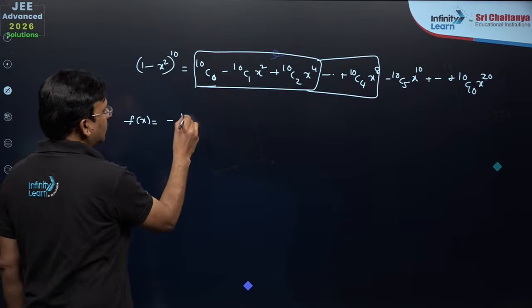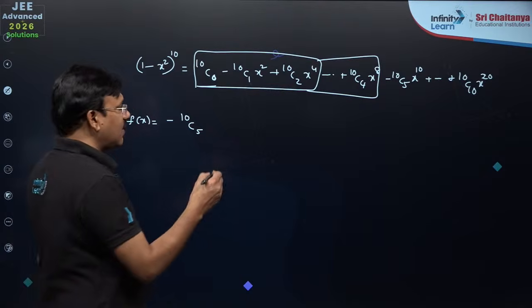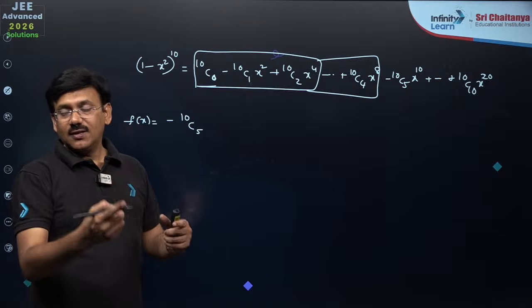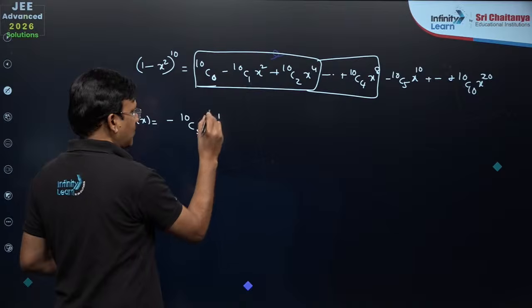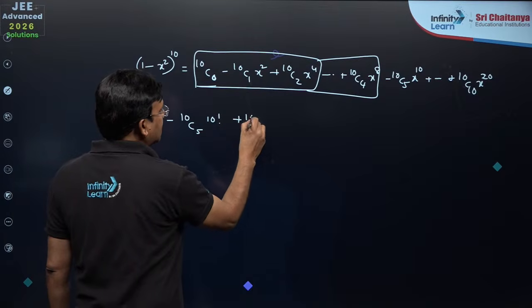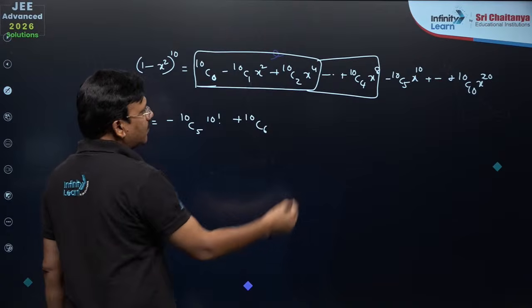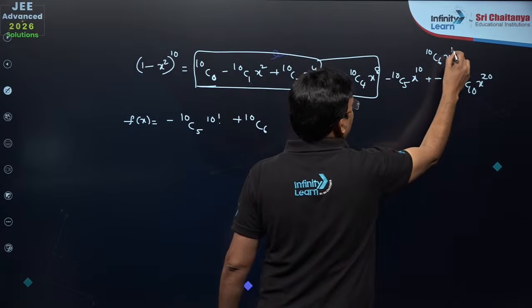You just observe what you will get, 10c5, x power 10, 10 times derivative: 10 x power 9, then 10 into 9 into x power 8, finally you are left with 10 factorial here. Plus 10c6, can you guess what this could be? This is going to be 10c6 x power 12.